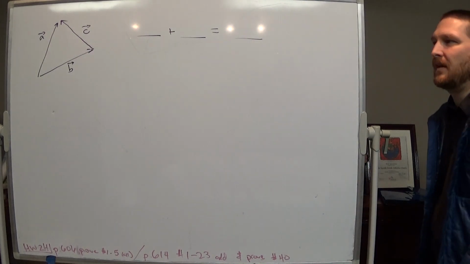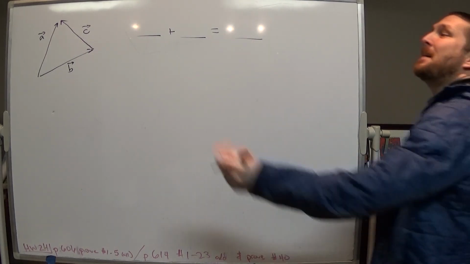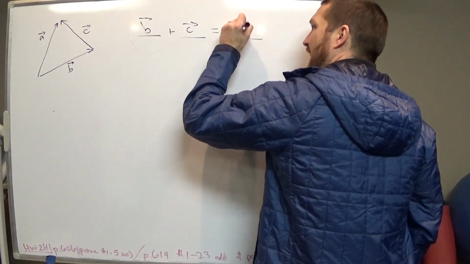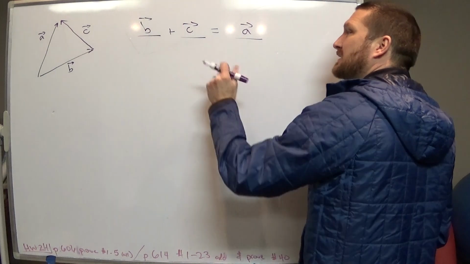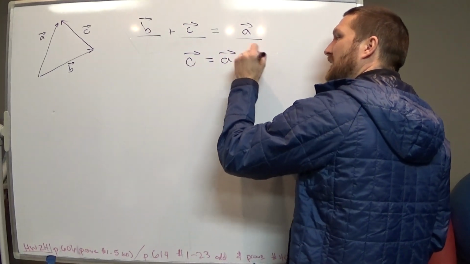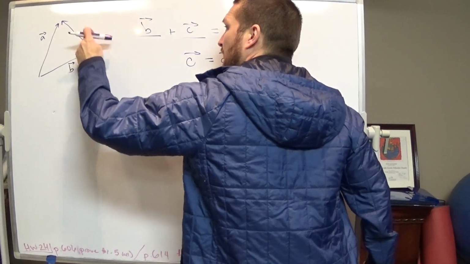Now, how should that equation read? B plus C equals A. B plus C equals A. And now let's get C by itself. We get C equals A minus B.